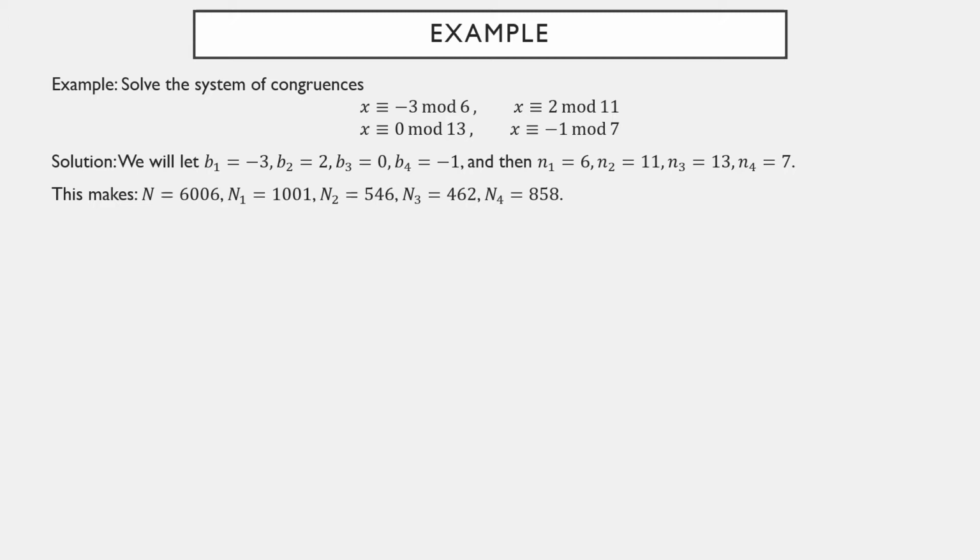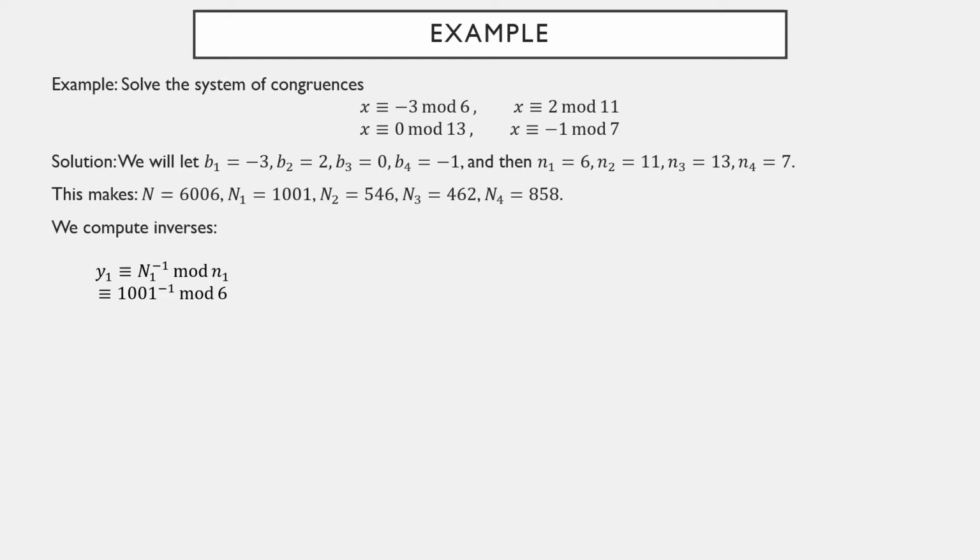Okay, so continuing with our solution, once we've computed these capital N's, we have to start finding inverses. Specifically, y sub i is capital N_i inverse modulo little n_i. So we have to compute capital N1 inverse mod little n1. Capital N1 was 1001 and little n1 was 6.